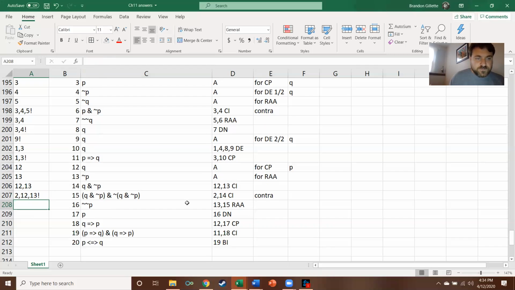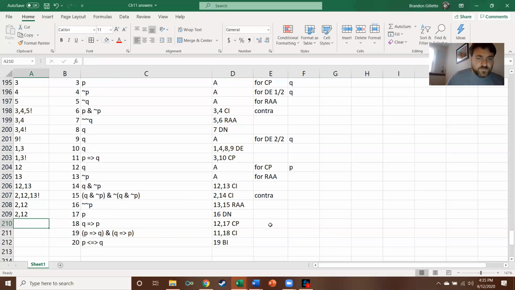And so line 16 is going to depend only on okay, now 13 gets discharged, so it's 2 and 12, right, from line 15. And same thing here, because 17 relies on the same thing that 16 did.